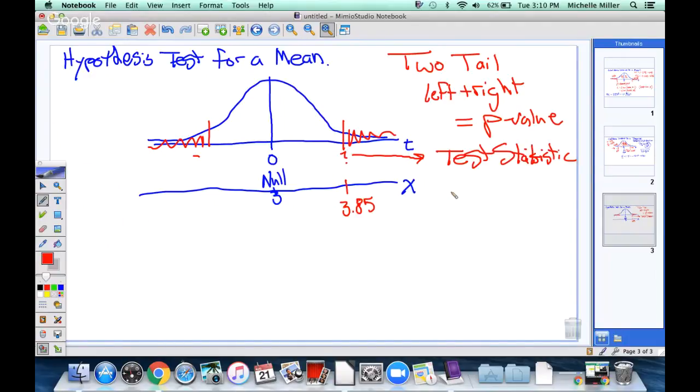It is the sample mean minus the population mean, which is really the null hypothesis, that number right there, divided by, we could put parentheses around the numerator, be safe, parentheses around the denominator, the sample standard deviation over the square root of the sample size. So that's the test statistic for a mean when you don't know the population standard deviation, which you usually don't. So we'll use t's more often than z's for means. So let's give it a shot.